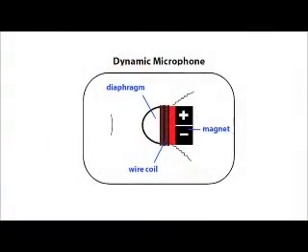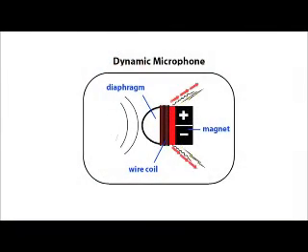Dynamic microphones, such as this one, take acoustical energy, what we commonly call sound, and transform it into electricity using a diaphragm, magnet, and a coil of very thin wire. The diaphragm, or the sound receptor, is vibrated by acoustical energy, which consequently causes the attached coil of wire to move around the magnet.